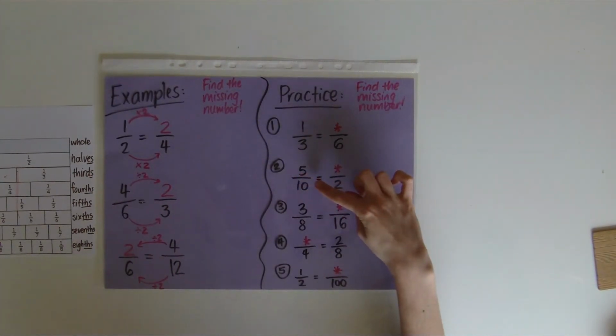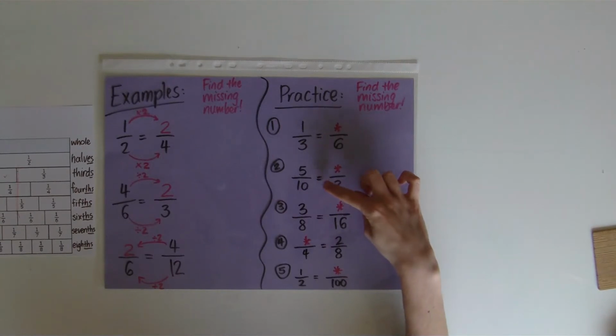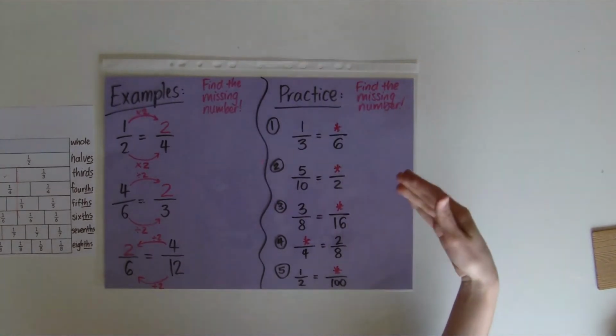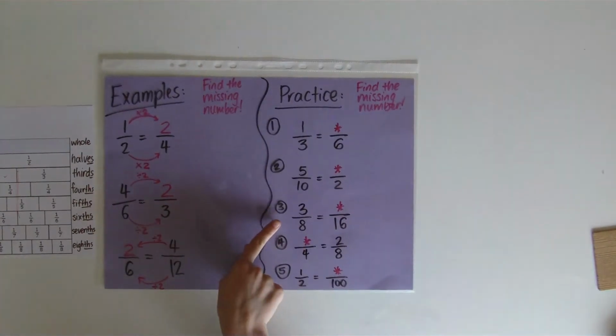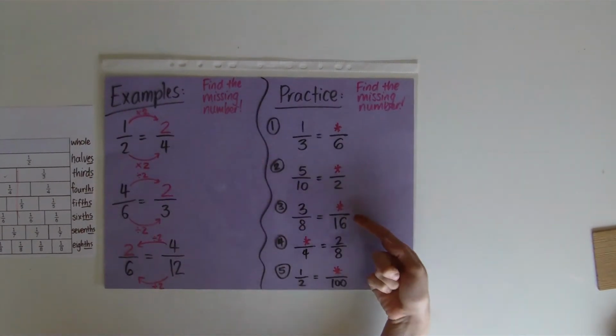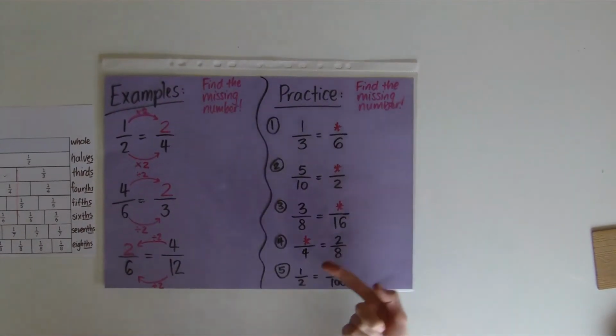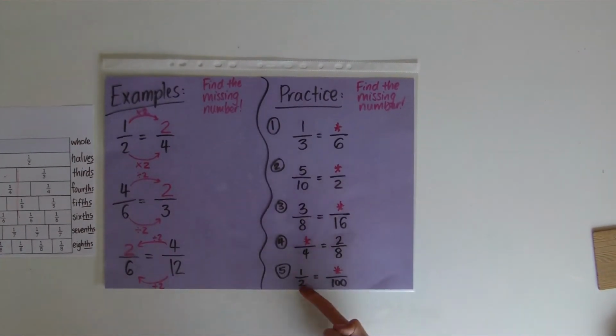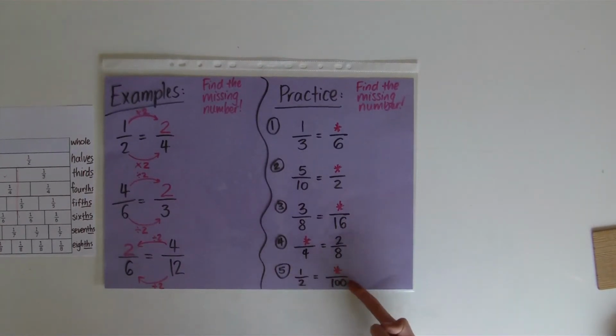Question 2 is 5/10, or 5 over 10, equals how many over 2, or how many halves? Then we've got 3/8 is the same as how many 16ths? And then something over 4 is the same as 2 over 8, and half, or 1 over 2, is the same as what number over 100.